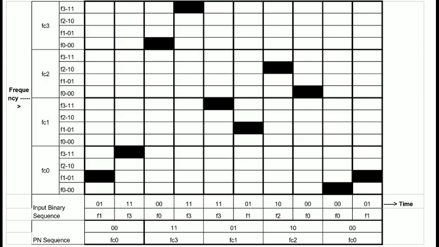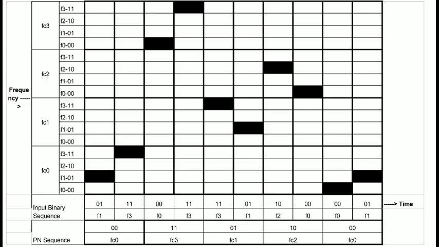Similarly, for the PN sequence name 0 0 as FC0, 0 1 as FC1, 1 0 as FC2, and 1 1 as FC3. Next, we are going to write down the y-axis.